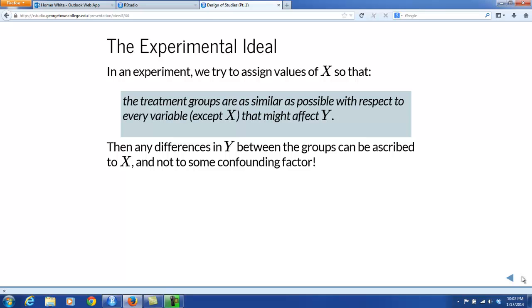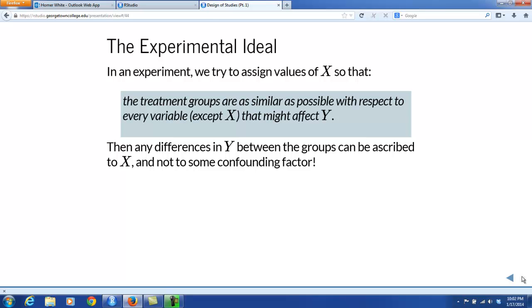Well, there's a certain ideal that we pursue when we do an experiment that we could never really try to get close to in an observational study. In an experiment, we try to assign the values of X to subjects so that the treatment groups are as similar as possible with respect to every variable that might affect Y, except for the variable X. The different treatment groups will differ in their value of X, but we would like that to be the only difference between the treatment groups.